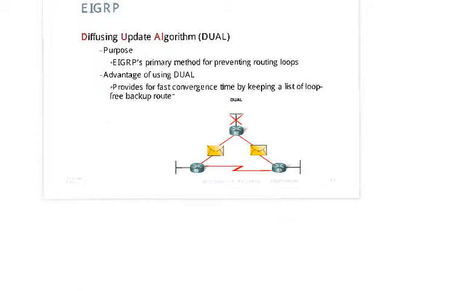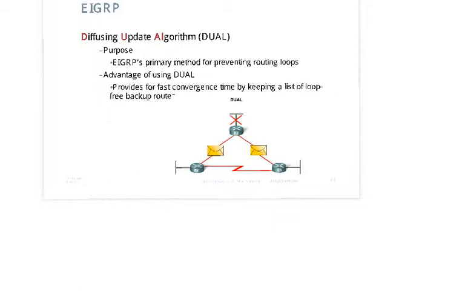if you remember, most of these techniques, if not all of them, still suffer from the convergence time. Of course, split horizon is a little bit better compared to the hold down timer. For the hold down timer, I have to wait a whole duration of time before I declare that this link is permanently down.